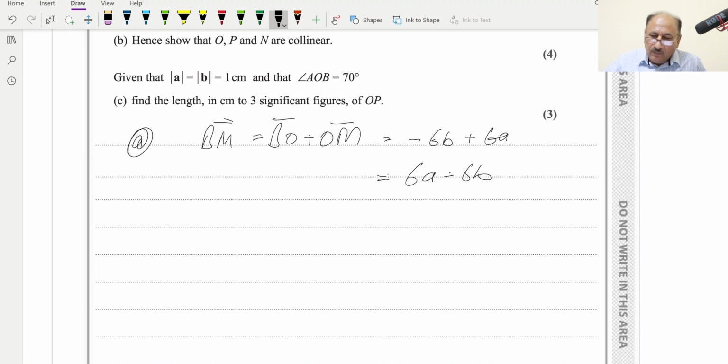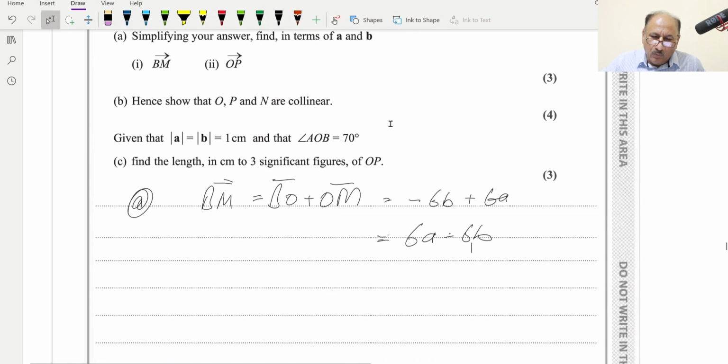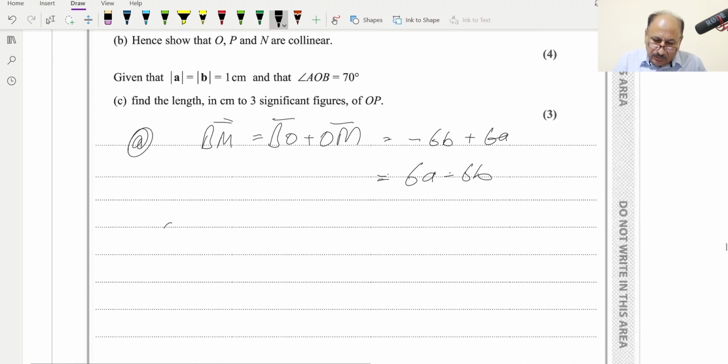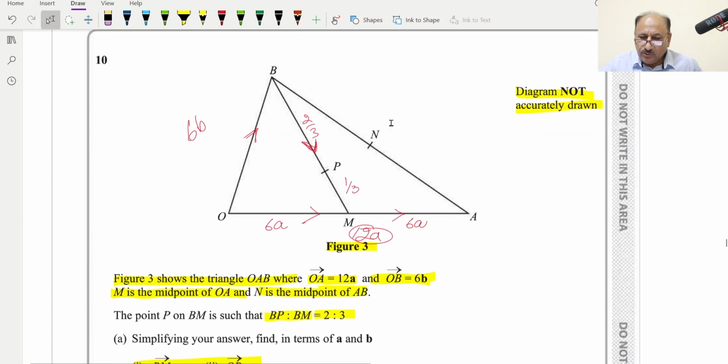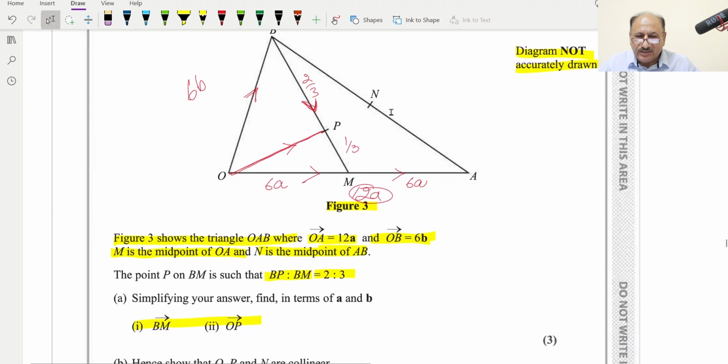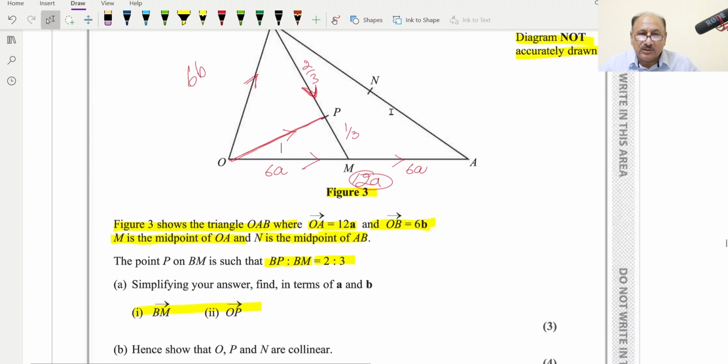Now for the second part, we also need to find OP. We can draw OP, like this one. So OP will be OB plus BP, or OM plus MP. We can take any of these two routes.